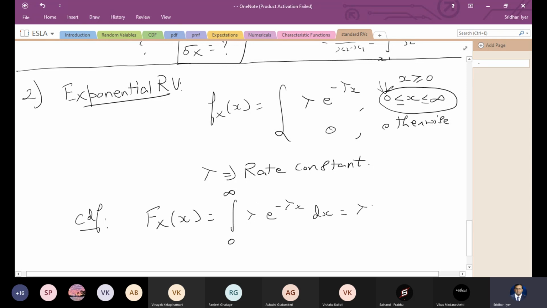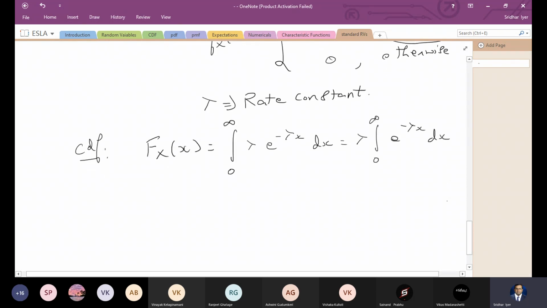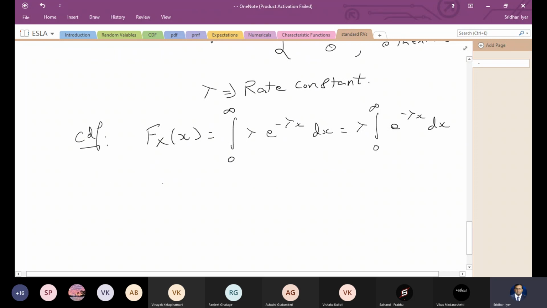Therefore, I'll get the lambda outside the integral. It's a constant. So you have 0 to infinity e raised to minus lambda x dx. So e raised to minus lambda x is an integral of the form e raised to minus ax. Therefore, you have lambda e raised to minus lambda x divided by minus lambda, and the limit here is from 0 to infinity. The lambda in the numerator and denominator will cancel each other. So you'll have a negative e raised to minus lambda x from 0 to infinity.